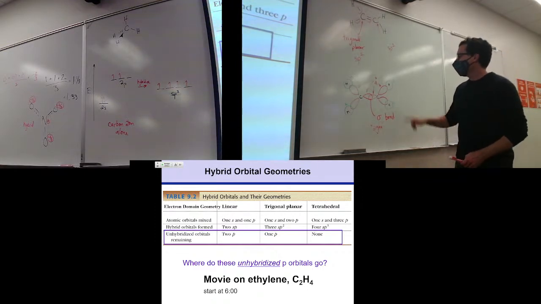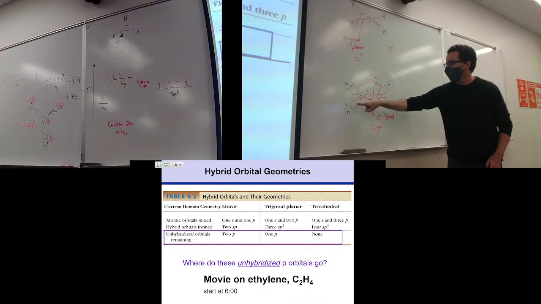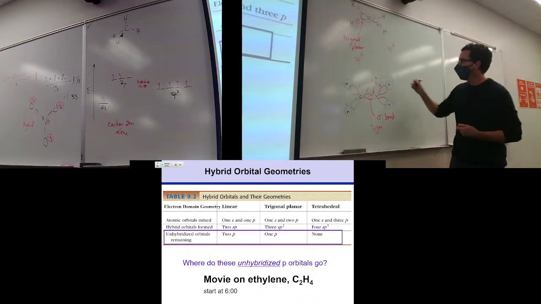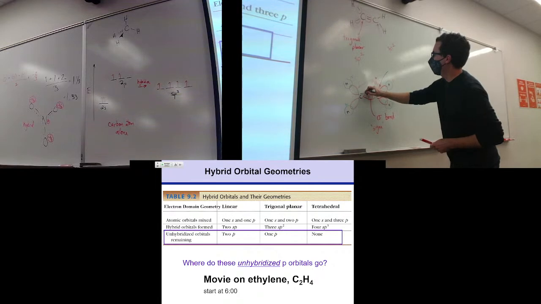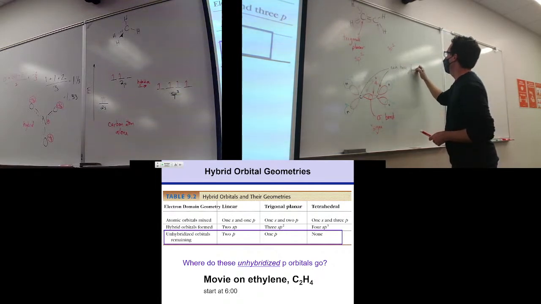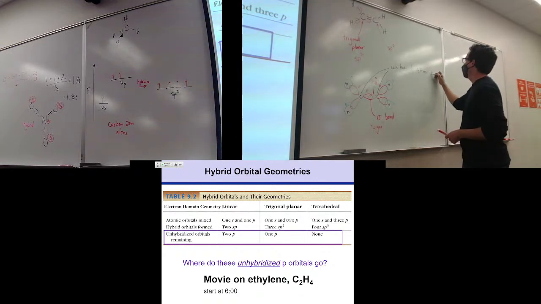But what we haven't talked about yet are the p orbitals. So despite the carbons having 3 sp2 hybrid orbitals, they also each have 1 leftover p orbital.